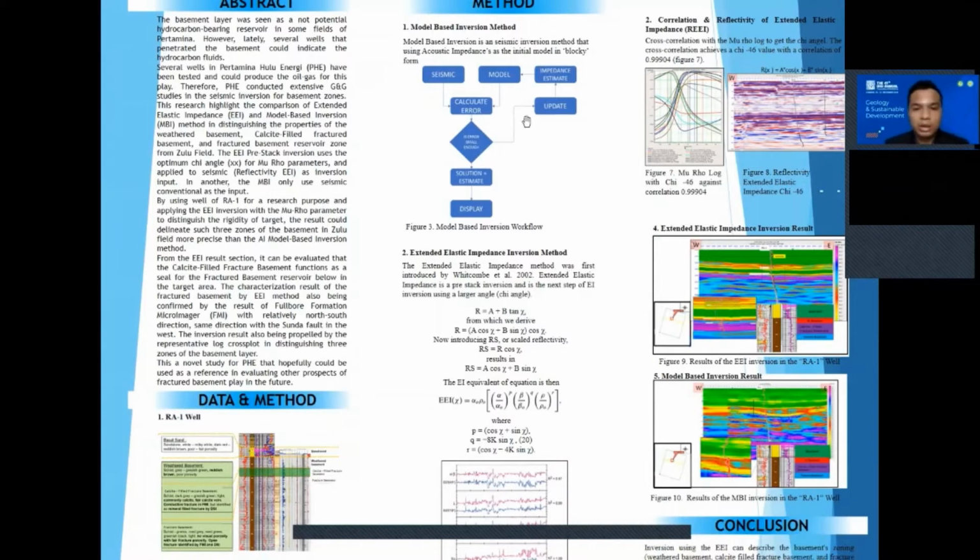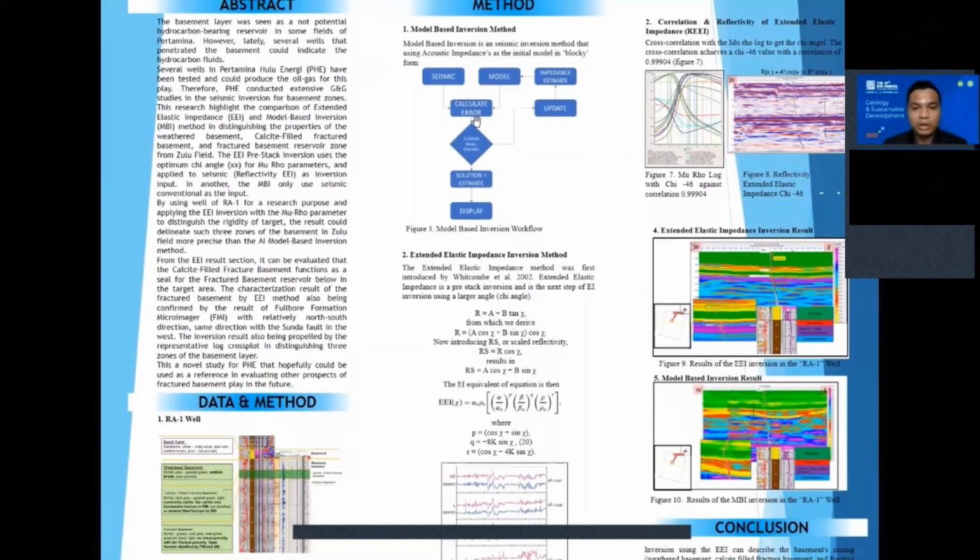Here you can see the figure. We calculate the error between the seismic and the model, and using the seismic data we want to input it into the distribution of physical properties of acoustic impedance.